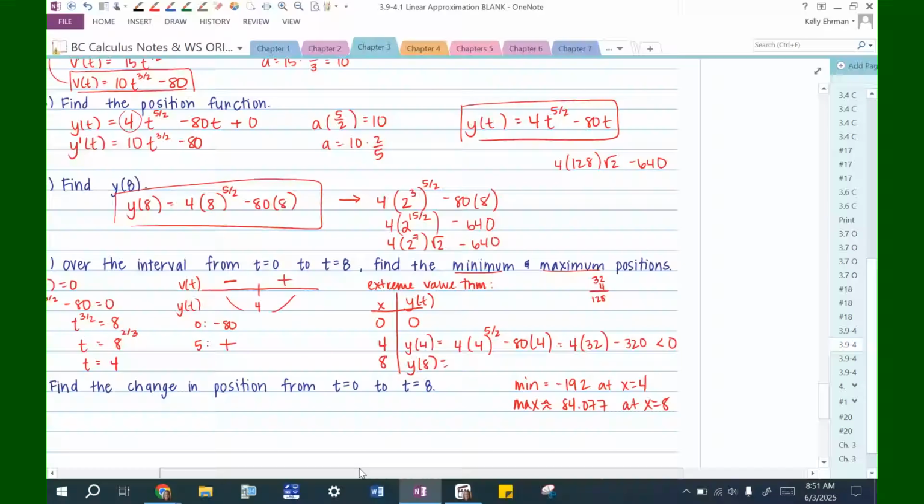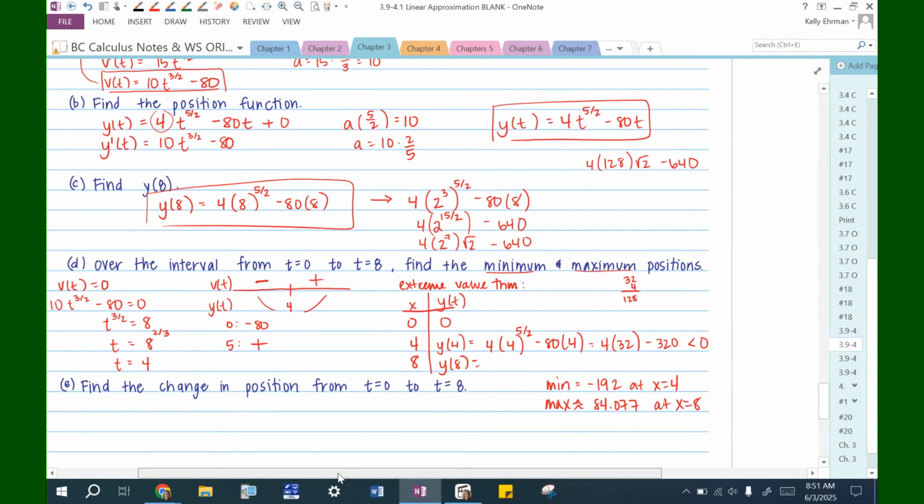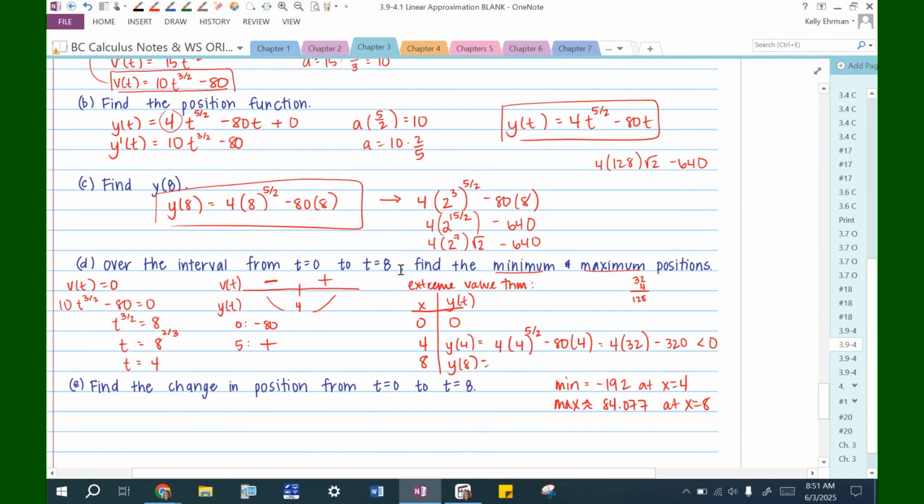Oh, also, what if they just asked me where the x values were? Would I have had to go through all of that? The answer is no. If I only had to find the x coordinate of the min and max, when I establish that v of t goes from negative to positive, and it's not returning again, like there's not another 0, so it's not going to come back down to negative, you can say that you know for sure the minimum is at 4 because y of t starts at 0 and then it just decreases for a while.